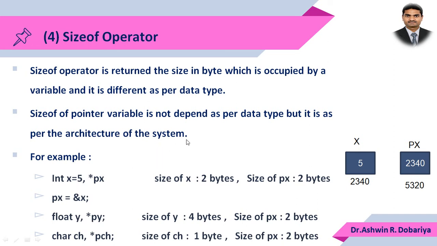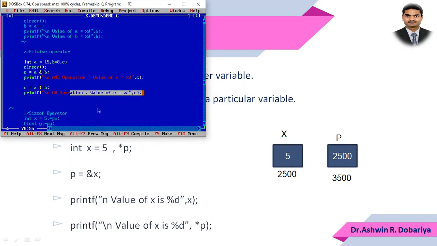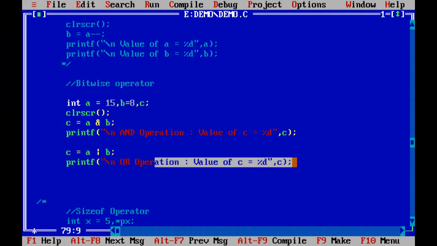If it is 32 bits, then the pointer variable occupies 4 bytes. That concept we'll discuss in detail at the time of pointers. Before moving to the next operator, let's see a few examples of the sizeof operator. We can write sizeof in multiple ways.